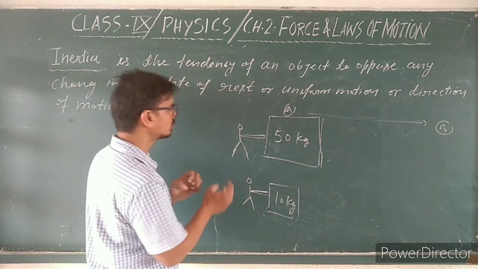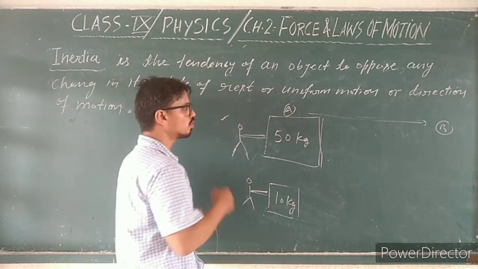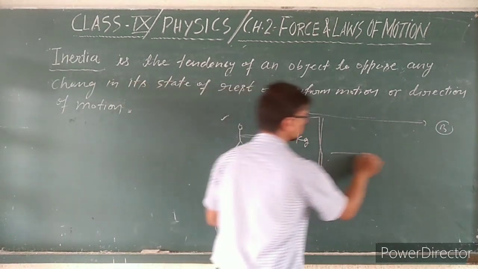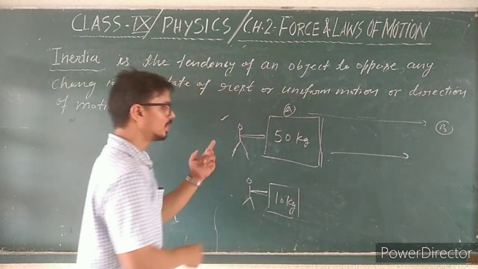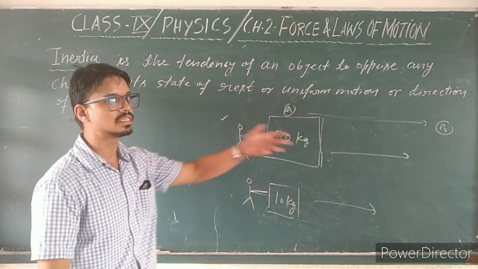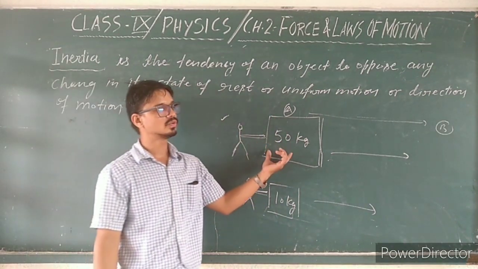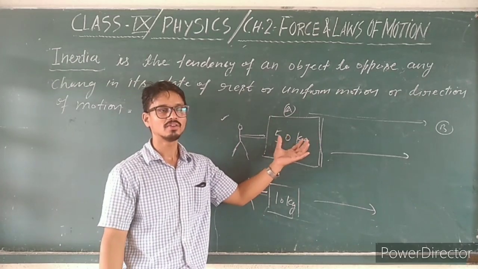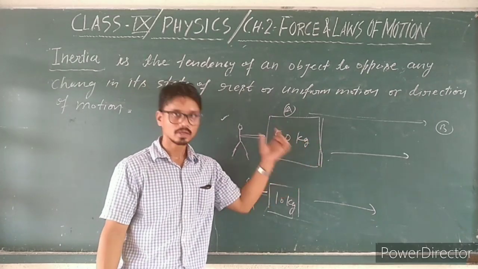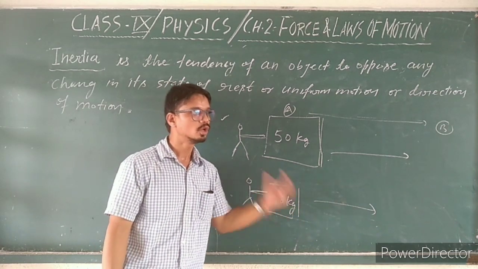But guys, we observe that the first person needs to apply more force to change its position compared to the second person. The second person can shift the box more easily than the first person. So guys, we can see that the box with the greater mass has more inertia, and the box with the lesser mass has low inertia.